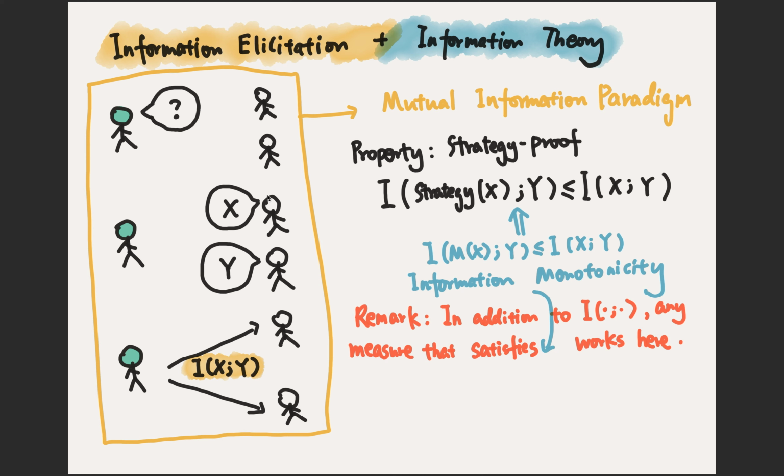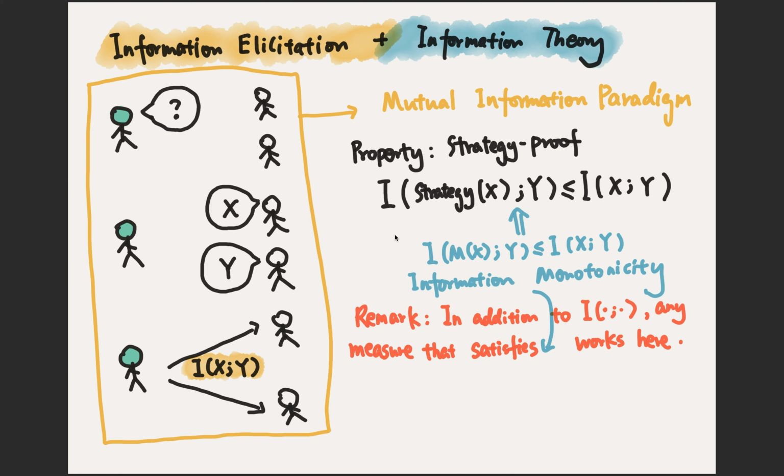For example, there are two participants here, Alice and Bob. Alice reports her information X, and Bob reports his information Y. And wishfully, the requester can magically compute the mutual information between X and Y and use this as a payment.